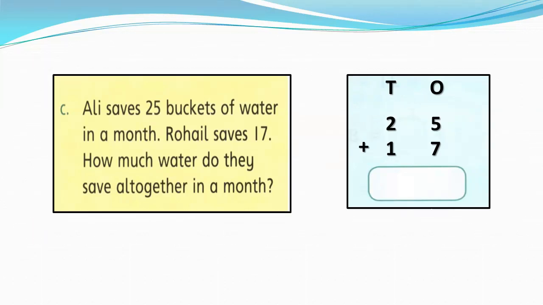Let's add them. 5 plus 7 equals 12. So we will write 2 in ones and 1 ten will convert into tens. Now add tens. 1 plus 2 equals 3 and 3 plus 1 equals 4. That means Ali and Rohel saved 42 buckets of water in a month.